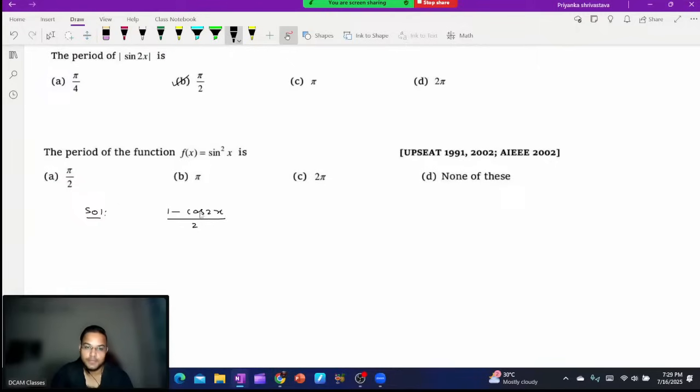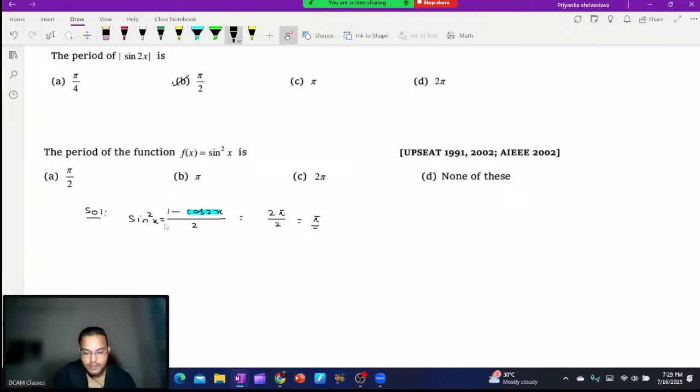So we only have to consider cos 2x, whose period is 2 pi by 2, so the period will be pi. This is another way of solving the same question. You can solve either way.